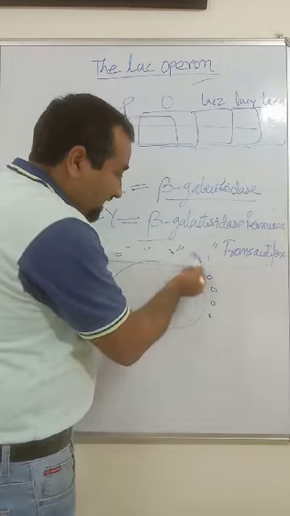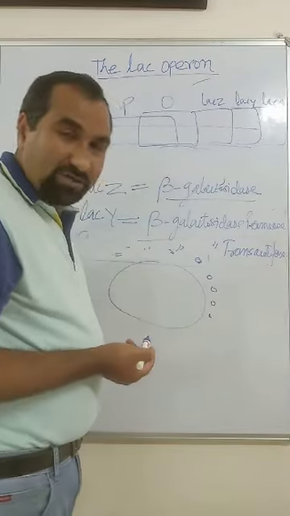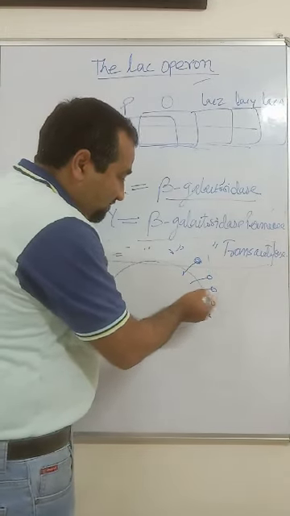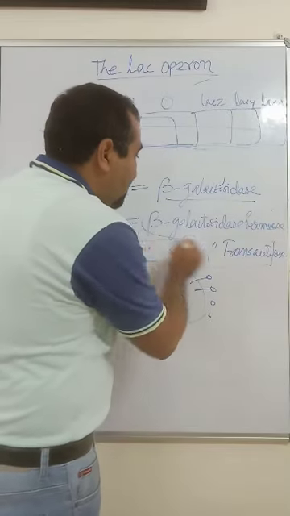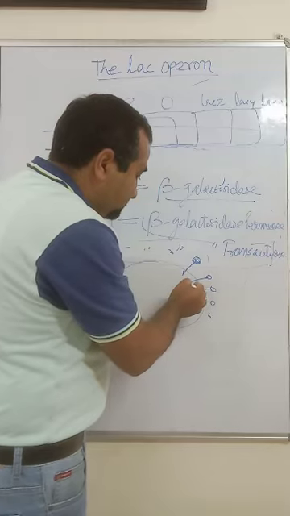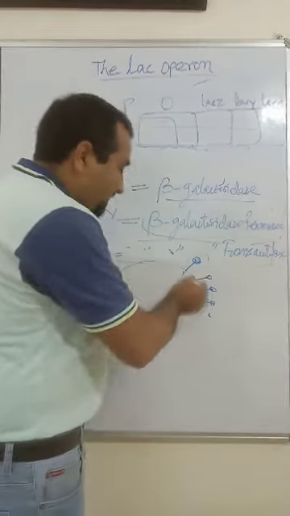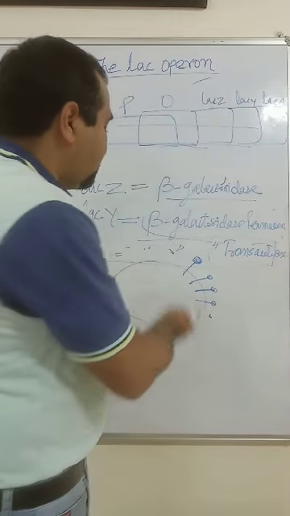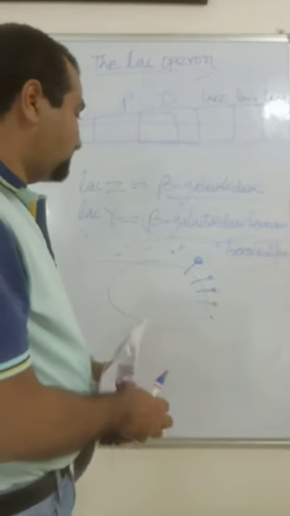Before this lactose can be utilized for metabolism, this lactose should be transported inside the bacterial cell. So this enzyme transports this lactose inside the cell, and then inside the bacterial cell the other protein acts on the lactose, and then metabolism of lactose takes place.